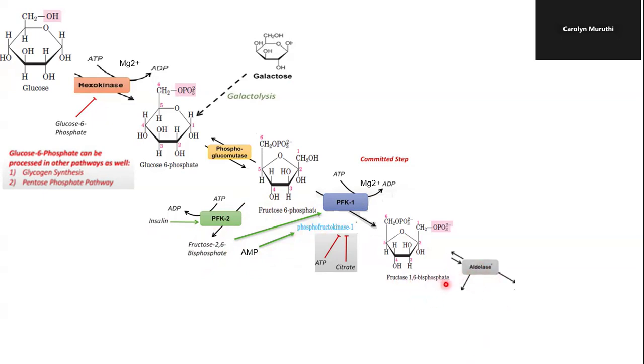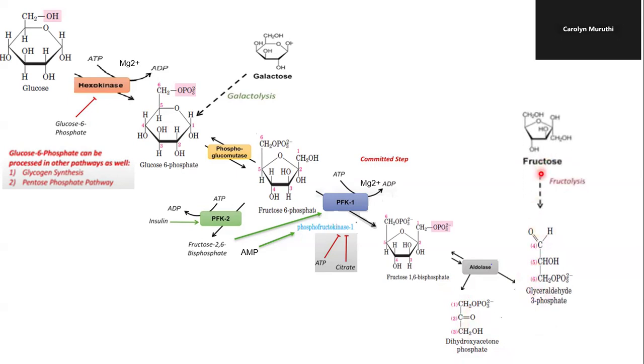Through the activities of aldolase, fructose 1,6-bisphosphate, which is a 6-carbon molecule, is split into two 3-carbon molecules, that is dihydroxyacetone phosphate and also glyceraldehyde phosphate. Each molecule has 3 carbons, 1, 2, 3, and also 4, 5, 6.